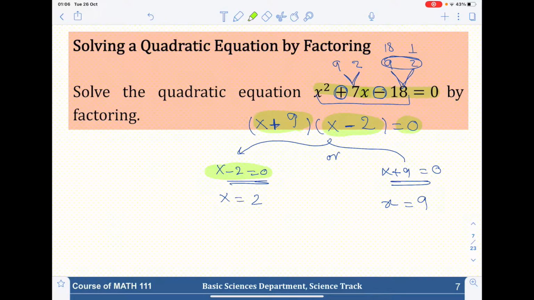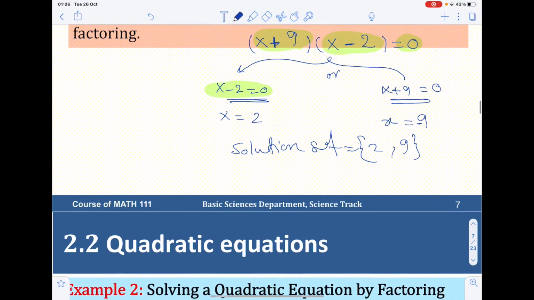So x equals 2, and same thing with x plus 9. Okay, so the solution set would equal 2 and negative 9.